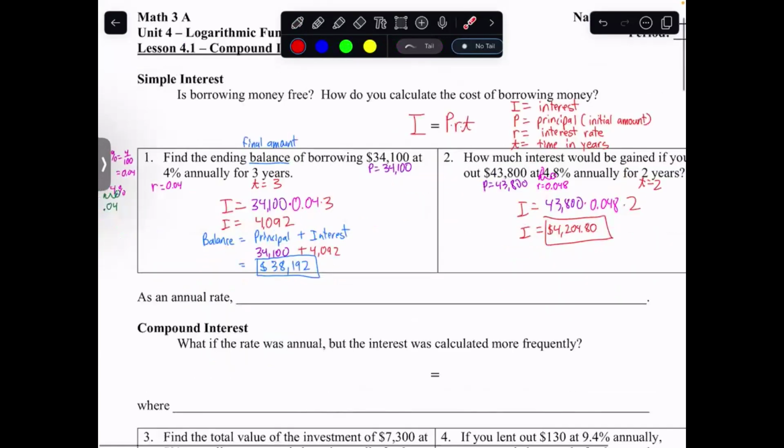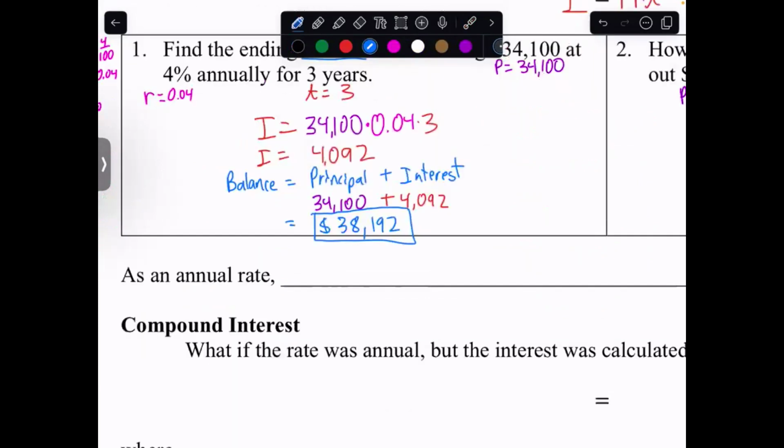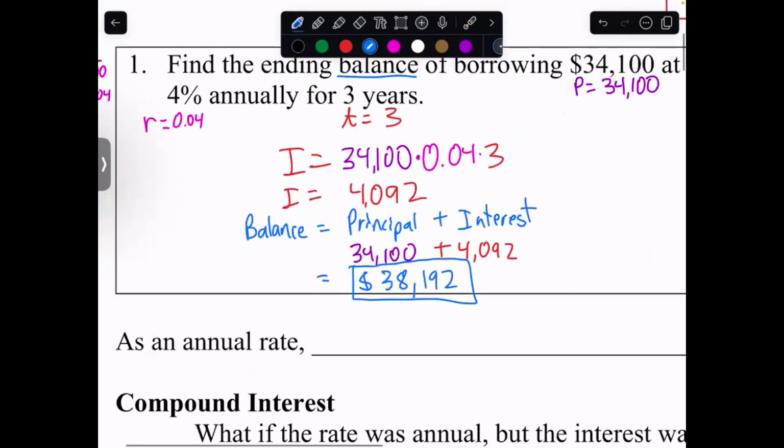Okay, but in the real world, simple interest does exist, but it's probably not the most common type of interest you'll see. So what is a reason for that? Right? So like if a bank is charging you simple interest as what's called an annual rate, annual means once per year.